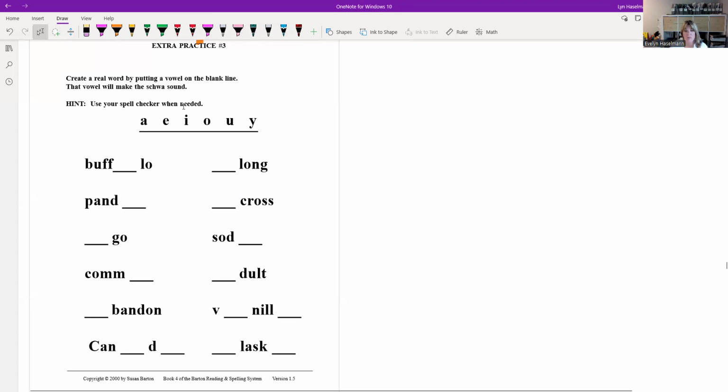So as a reminder, if your student doesn't have a spell checker, you can purchase one from spellingsuccess.com. They have the spell checkers that align with the Barton system. Your student could also use their phone, but they should have one if they're working remotely with a tutor. They should have their own then because we use it so often.